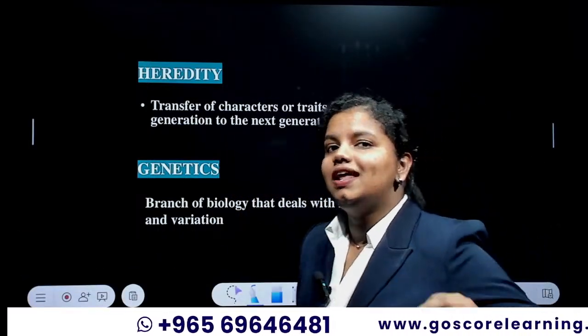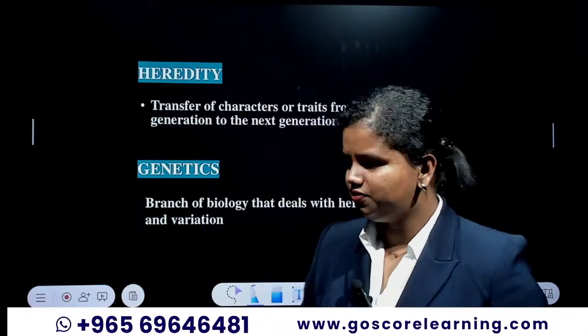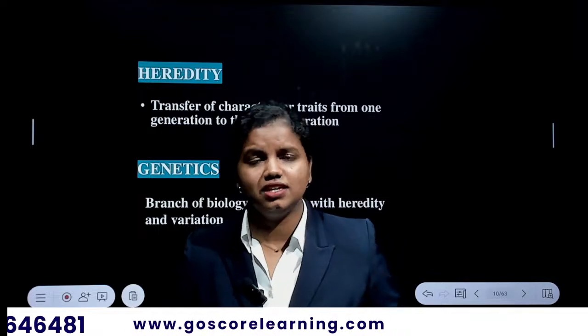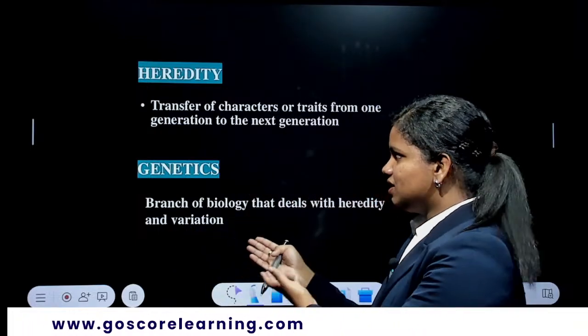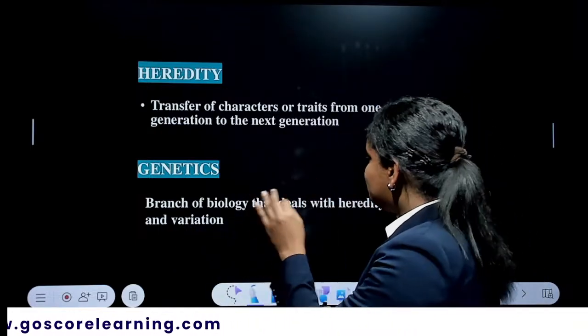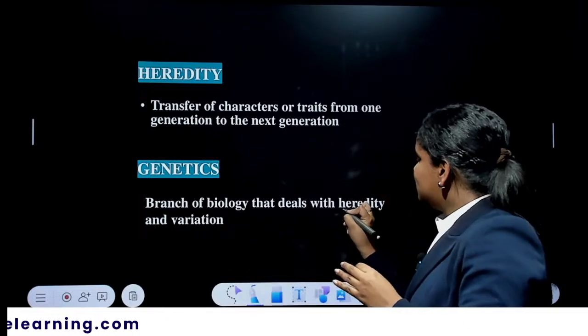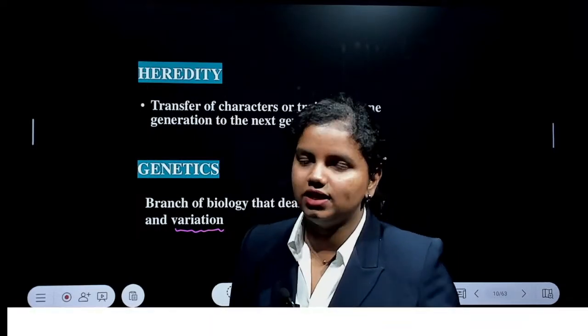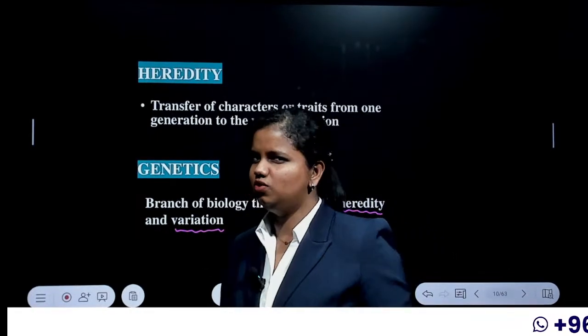And then there is genetics. What is genetics? I think from the terminology itself, it's clear. Genetics is nothing but a branch of biology. And what is that branch of biology dealing with? It is a branch of biology which deals with heredity and variation. Okay, there is a new term, variation. What is that?